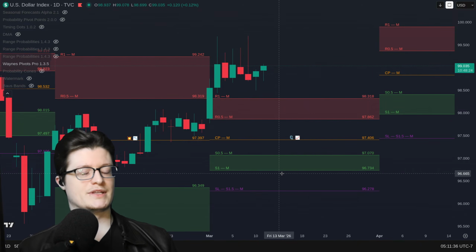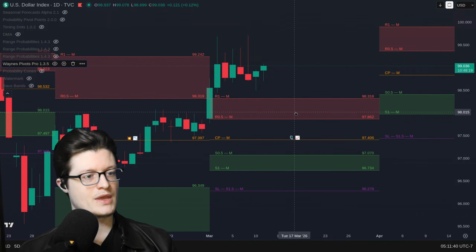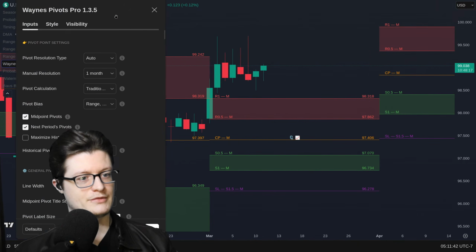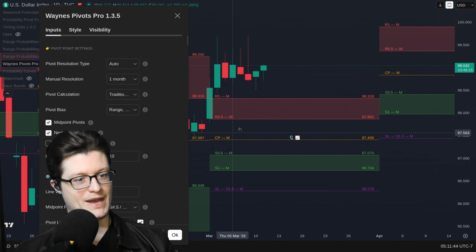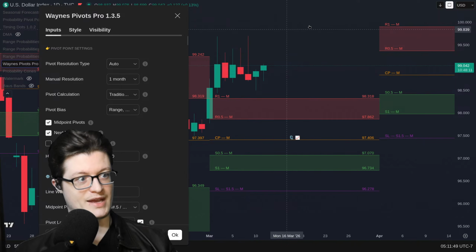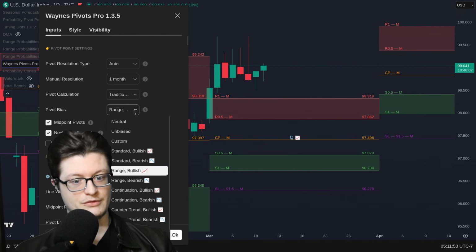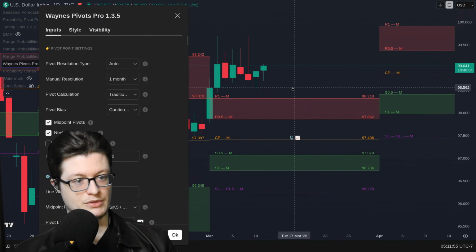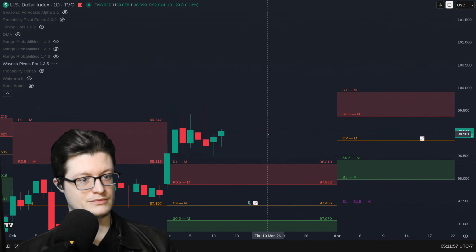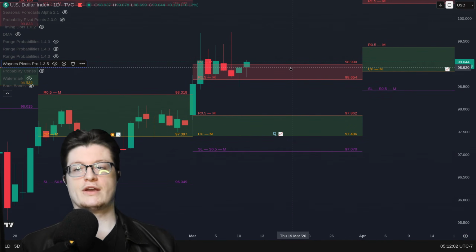If I'm just thinking off the top of my head, it's going to be a bullish continuation trade. And a bullish continuation trade, just before I even pull it up, is going to have a buy zone right here between R0.5 and the central pivot, and then the exit zone is going to be between R1.5 and R2. And continuation bullish, right there.